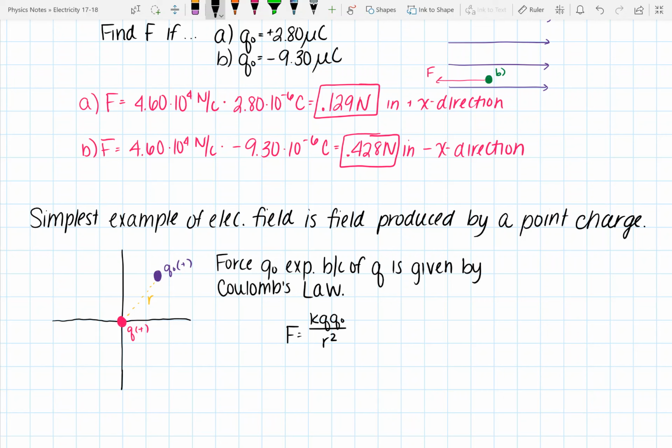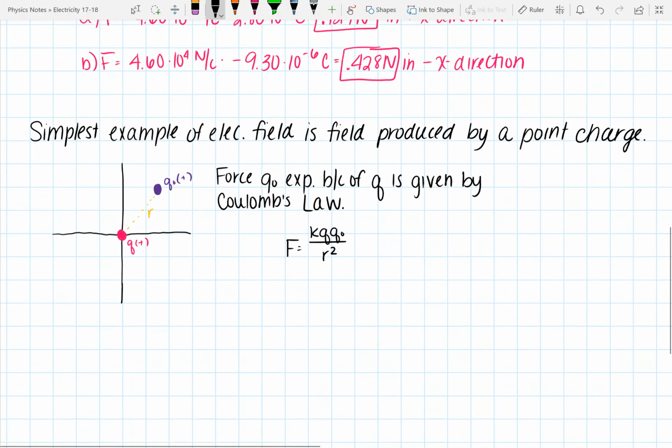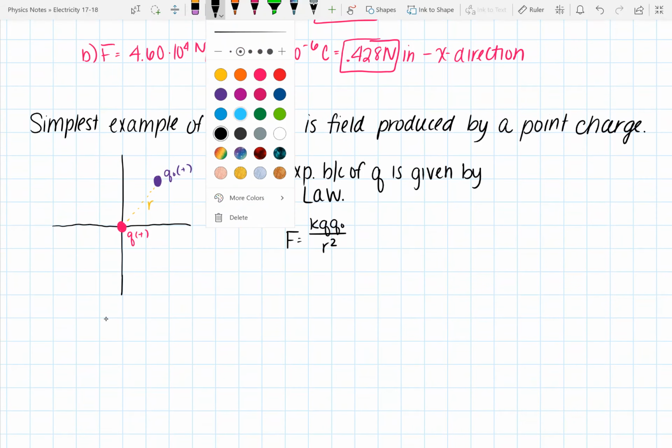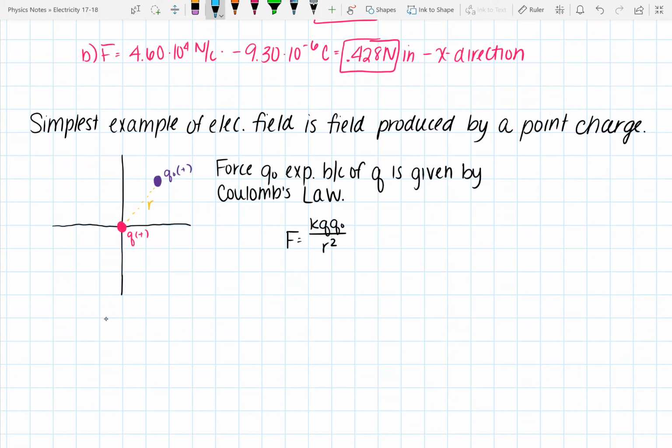Same thing if I replace this Q with a negative charge. So I can find the magnitude of the electric field produced by a point charge.